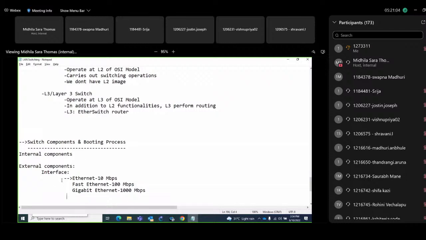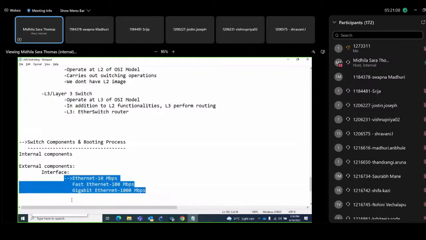These are the interfaces. Clear? These external components are clear for you? This you already know, right? Do you want me to explain?